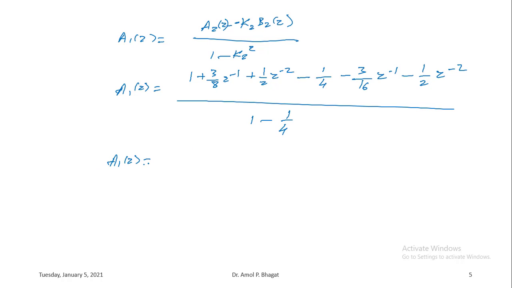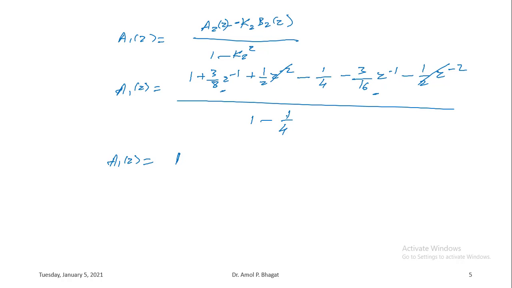So again if you simplify this, 1 minus 1 by 4 will be 3 by 4. The 1 minus 1 by 4 terms and the z to the power minus 2 terms will be 0, right? The 3 by 8 z inverse and minus 3 by 16 z inverse are multiplied by this 3 by 4, that is 4 by 3 will go in the numerator, so 4 by 3 multiplied by 3 by 8 z inverse minus 3 by 16 z inverse.